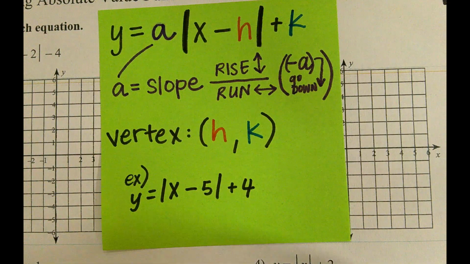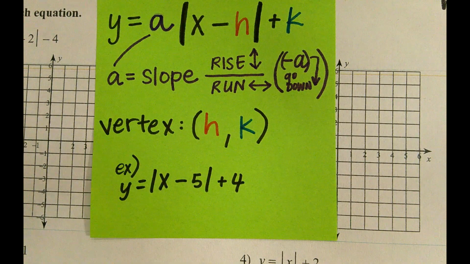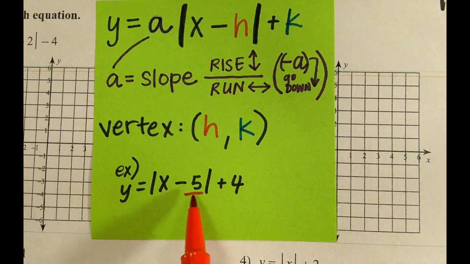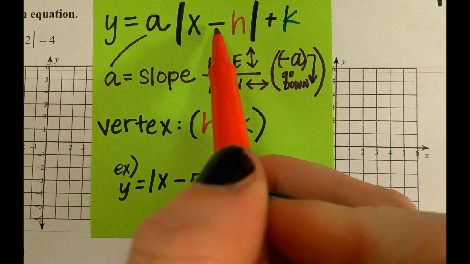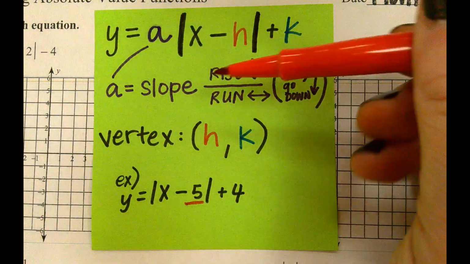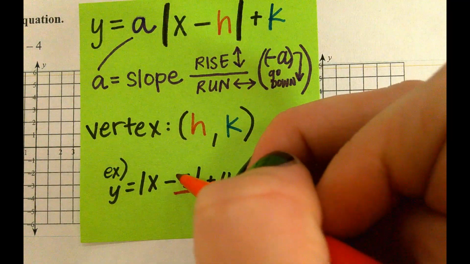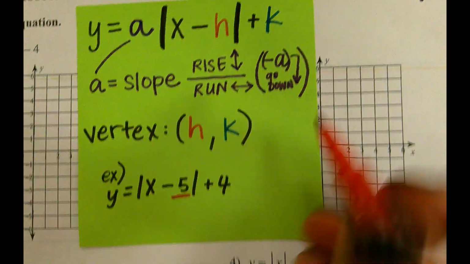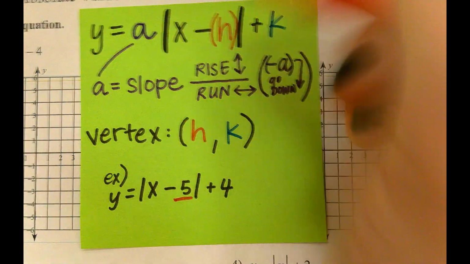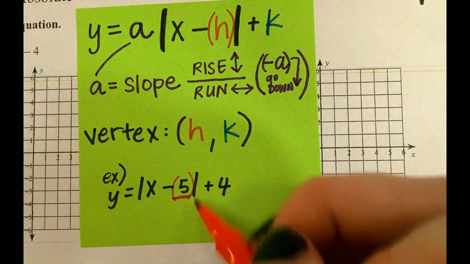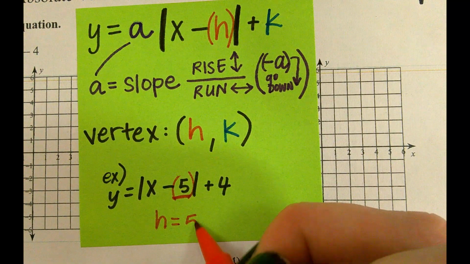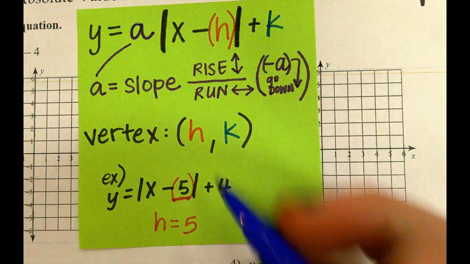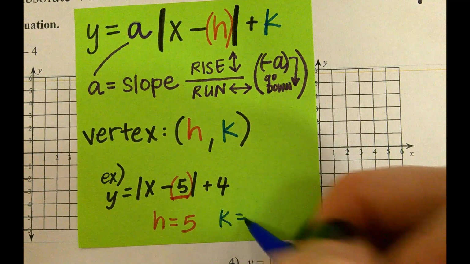It's 5, but we want to be careful because the minus is part of the formula. So are we using the minus or no? No, H is just the number. So H equals 5. K, what's my K? 4.